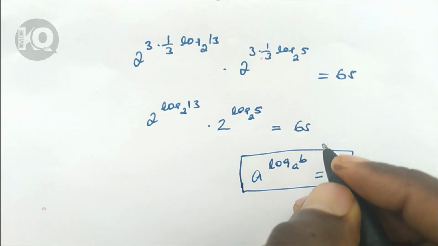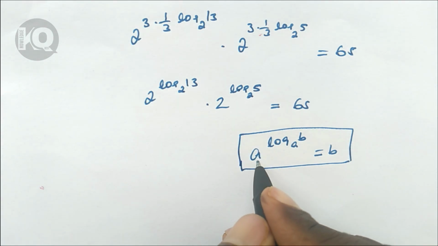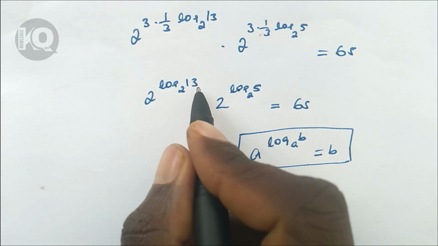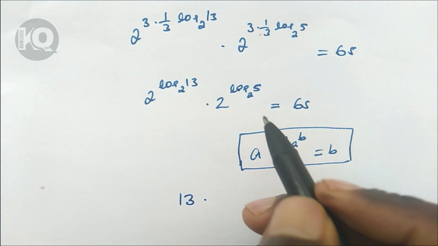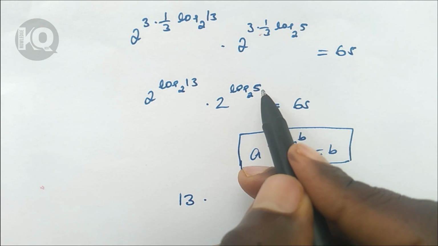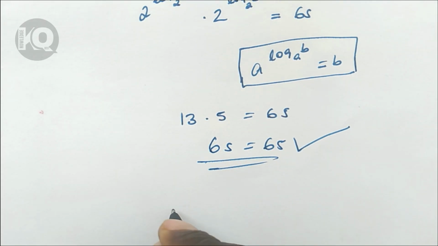Applying this expression, here a is 2 and b is 13, so it will be 13 times, here a is 2, b is 5, so 5, which is equal to 65. Then 13 times 5 is 65, which is equal to 65. So our answer is correct.